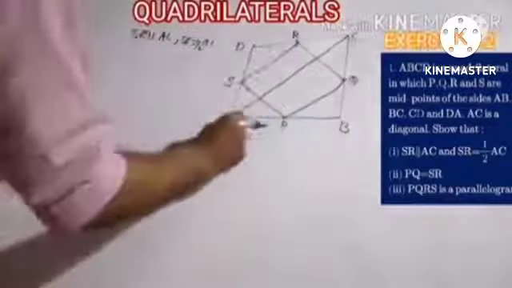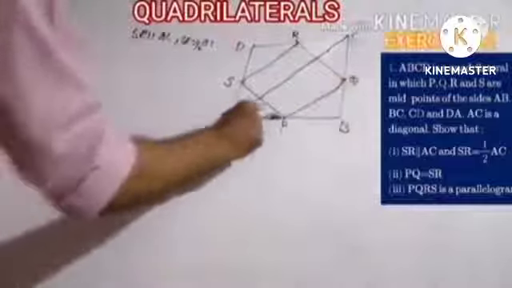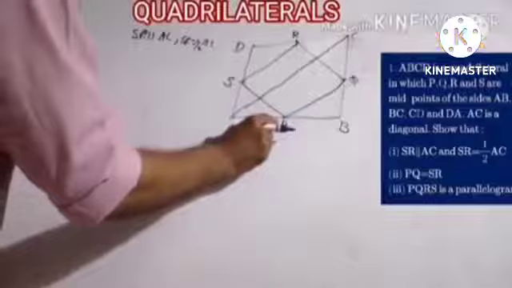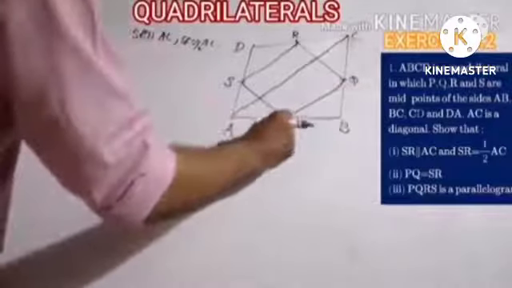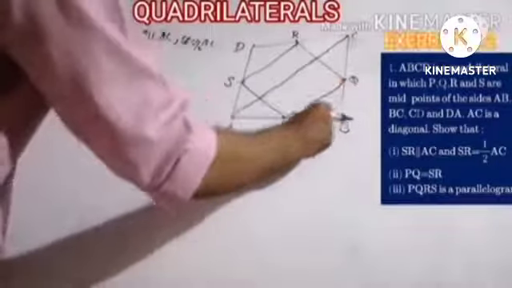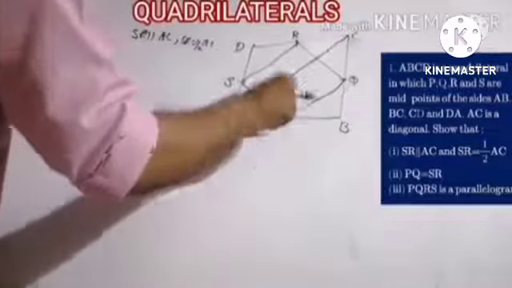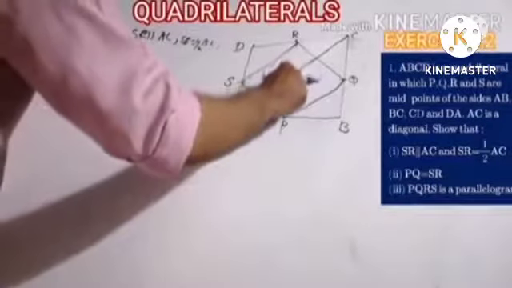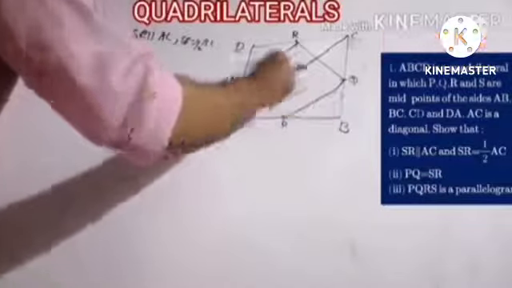Consider triangle ABC first. Here two midpoints are given: P and Q are the midpoints of sides AB and BC of triangle ABC. Then by the midpoint theorem, PQ is parallel to AC and PQ is half of AC.